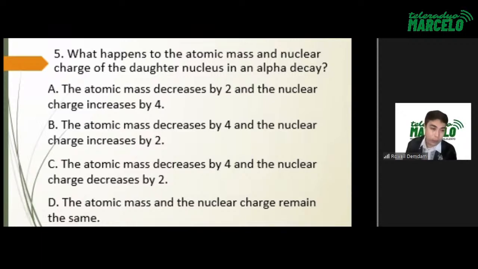Okay, very good. So the correct answer for this particular item is letter C. The atomic mass decreases by 4 and the nuclear charge decreases by 2.